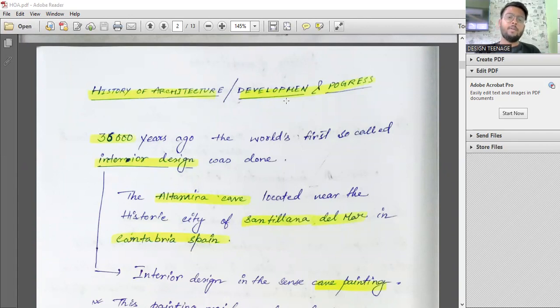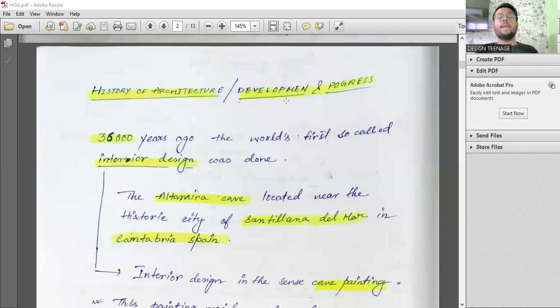So when we talk about history of architecture, naturally we think about what kind of interiors were made at that point of time. Interiors definitely not like today's, but somewhat or the other thing was there. No one had a blank house.